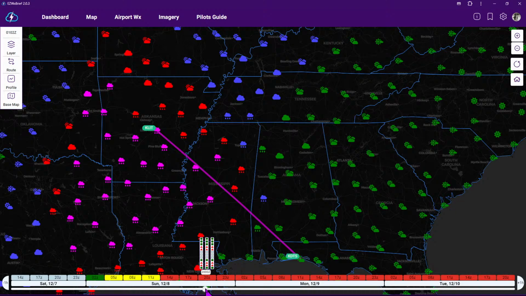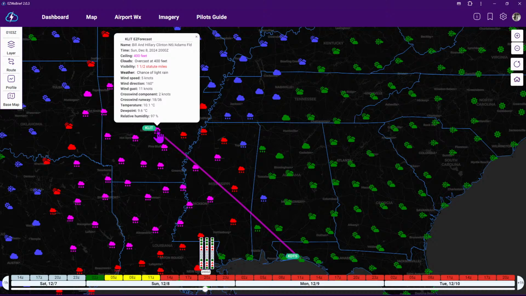As we get to 19 to 20Z, if we leave at 18Z and it takes us 2 hours to get there, by 20Z we can already see that Little Rock, using the EZ forecast, is expected to have a ceiling of 400 feet and 1.5 statute miles visibility, which is considered low IFR conditions.